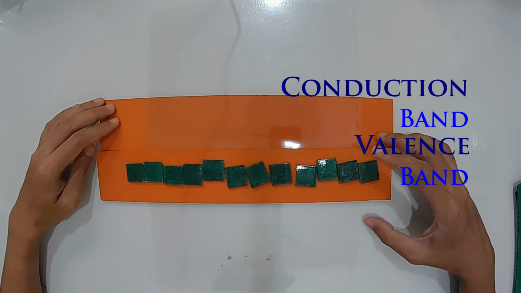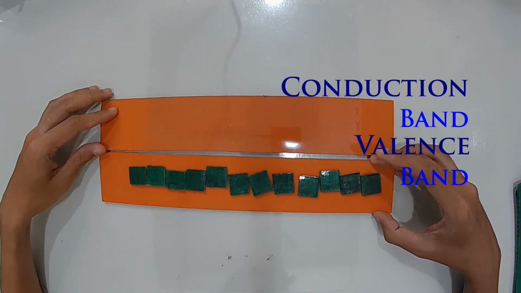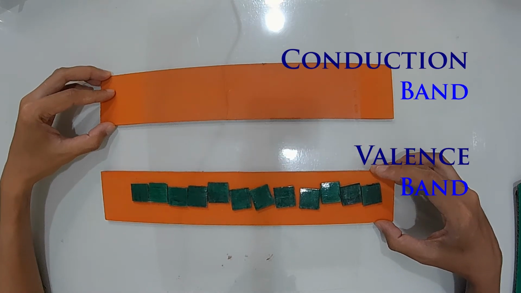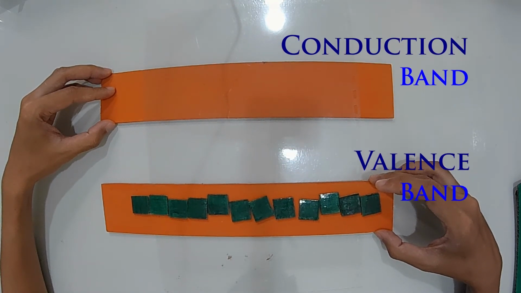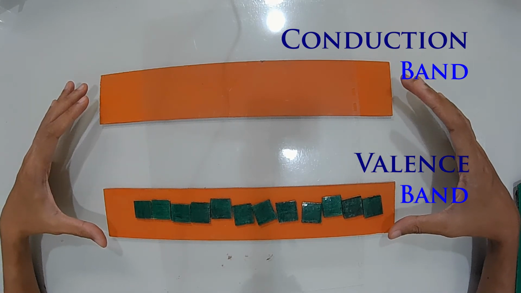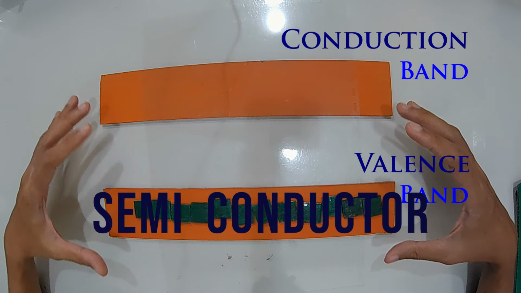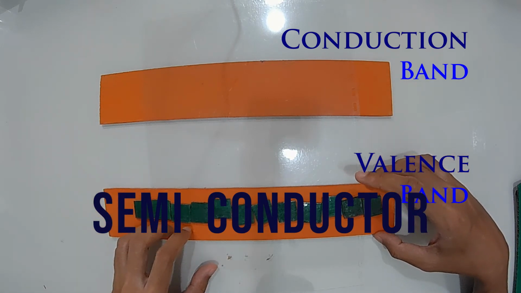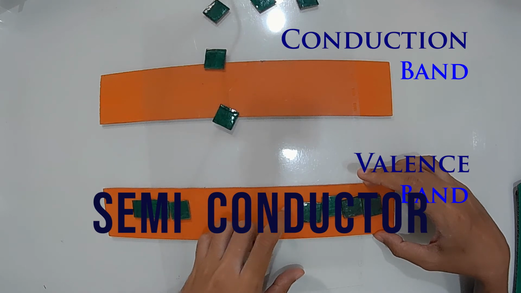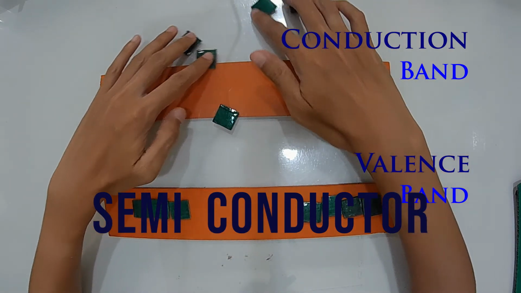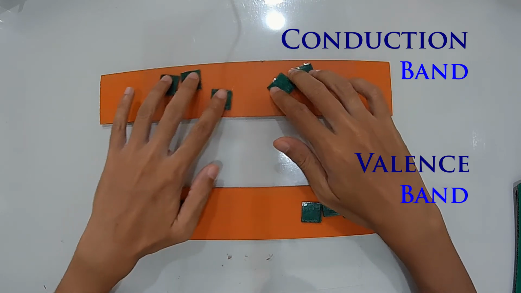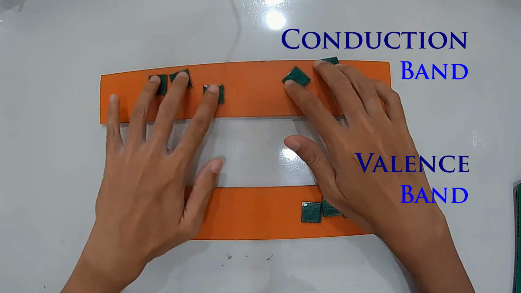Semiconductor, on the other hand, falls somewhere in the middle compared to the insulator. It has a band gap that is small enough so that electrons can jump to the conduction band when we heat it. As you can see, it's not that hard for the electrons to reach this conduction band and become free. So when we heat it, current can flow freely.